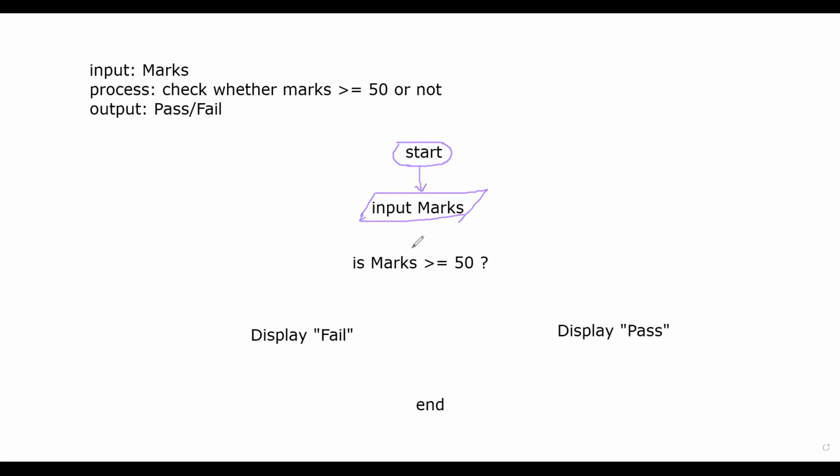Now this one is a decision block, a diamond shaped block we have to draw to say that this is a decision block, right? And then there are two answers for this because either it could be yes or no. So we have two sides. If it is yes, we are going to display pass.